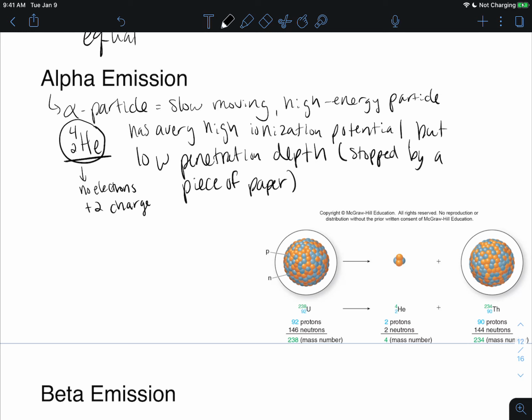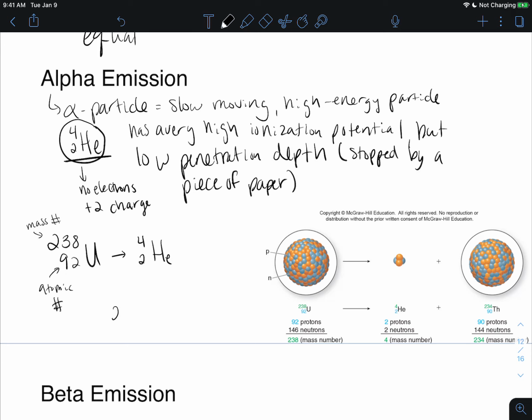So when we're thinking about how we're going to incorporate this into an equation, we have uranium-238, like this. This is our mass number. This is our atomic number. And what's going to happen is it's going to emit that alpha particle, like so.